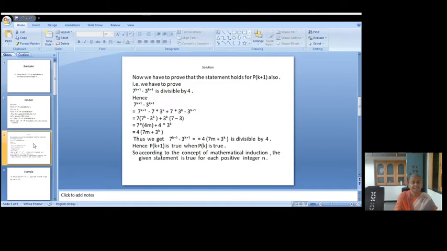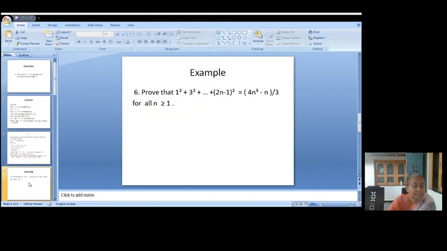Now similarly we can take another example. We have to prove that 1 square plus 3 square plus up to 2n minus 1 bracket square is nothing but 4n cube minus n divided by 3 for all n greater than or equal to 1.